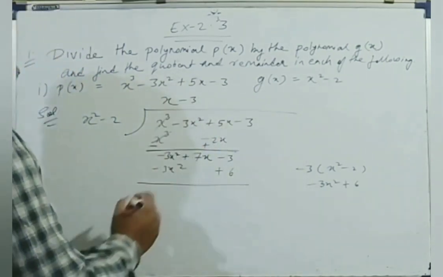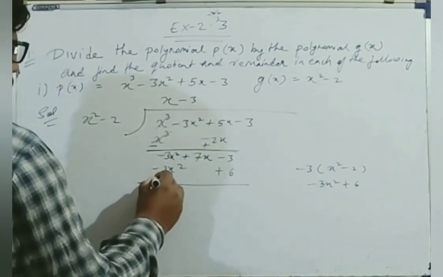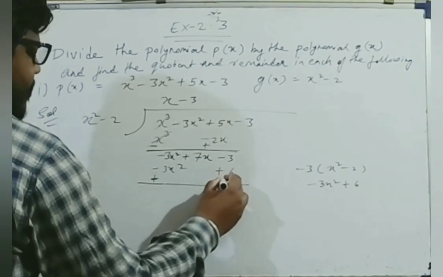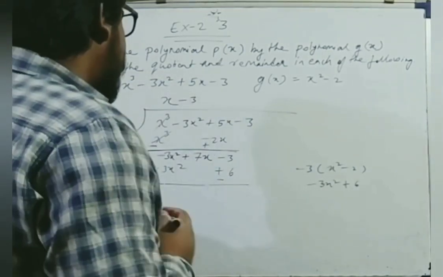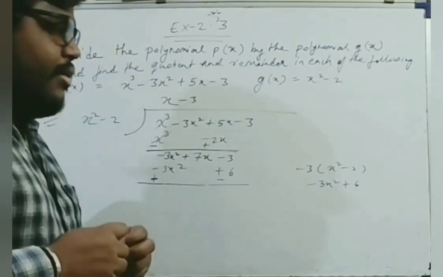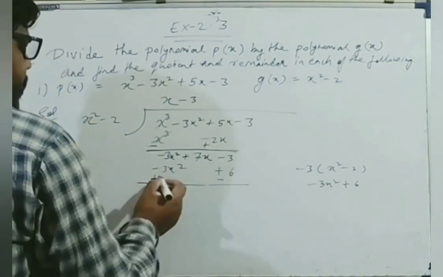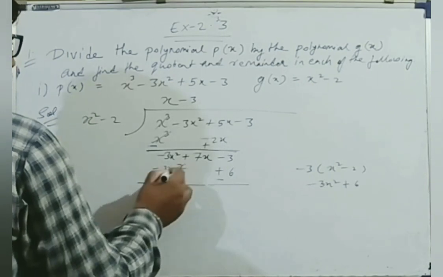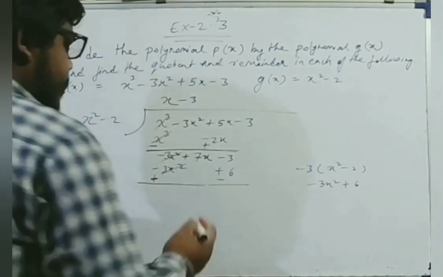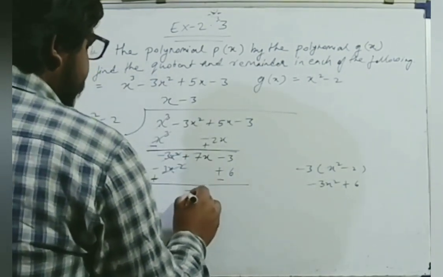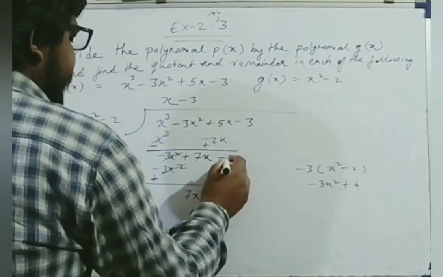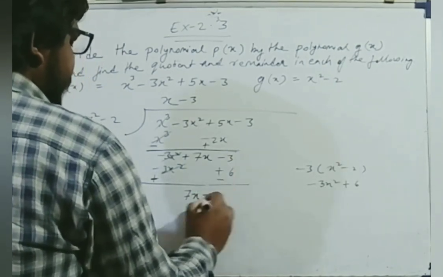So again sign changing, this minus becomes plus, that plus becomes minus. Okay, this part is clear? Then what's the next thing? This plus 3x square and minus 3x square cancel out. 7x as it is. And minus 6 minus 3 is minus 9.